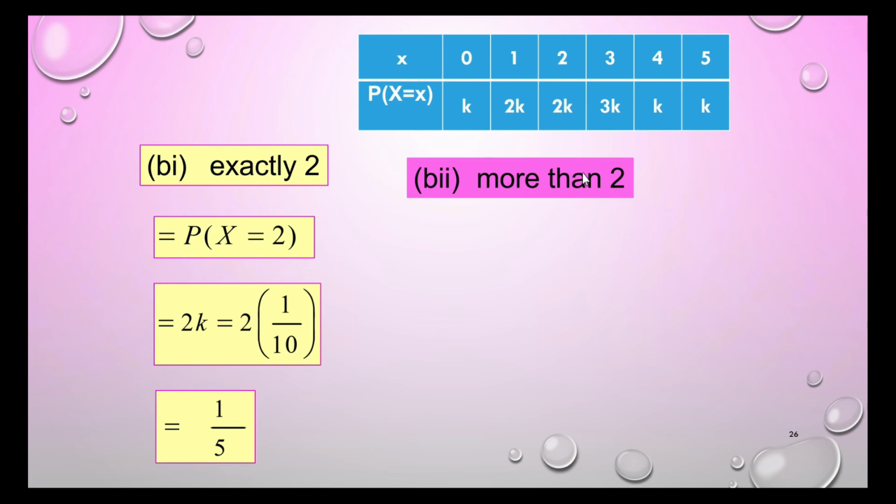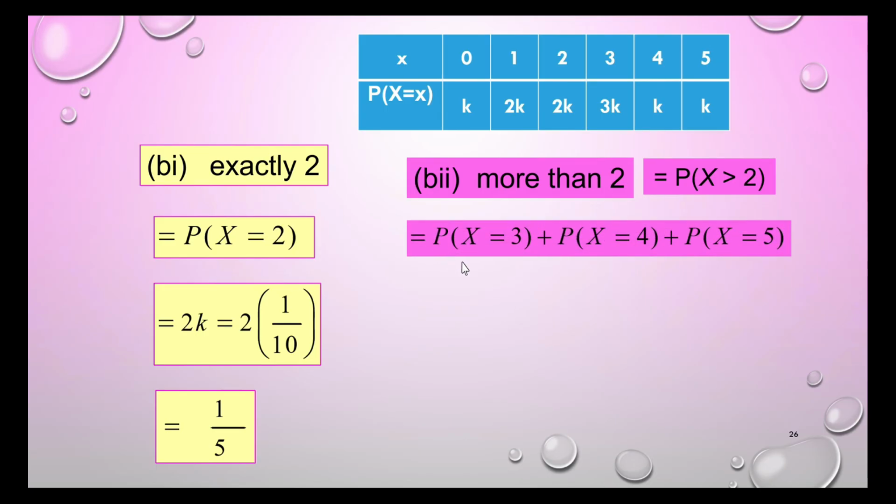B2 more than 2. How do you write more than 2? Okay, this is the sign more than. More than 2 means 2 is not included. So, probability x more than 2 is the sum of probability x equal 3, probability x equal 4 and probability x equal 5.